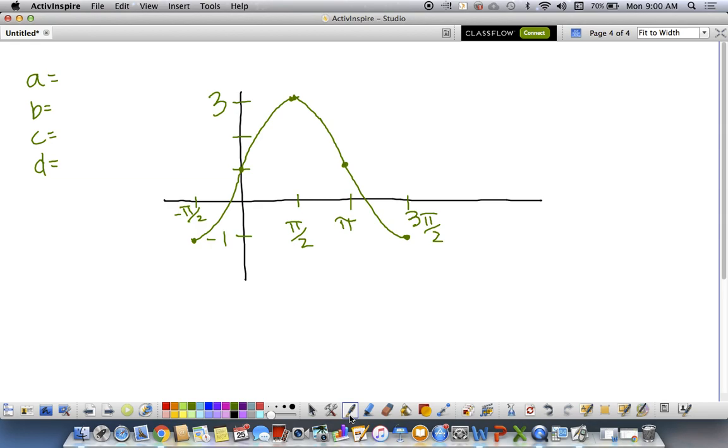Alright, so what are some things you are thinking? What's something you have thought about this graph, Susie? The amplitude. Alright.